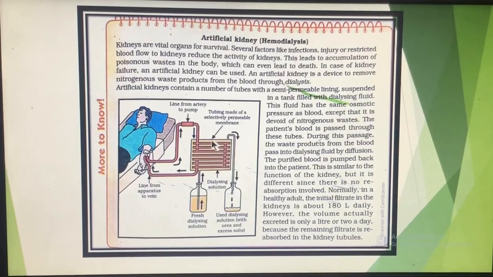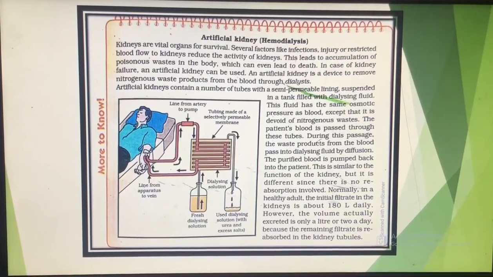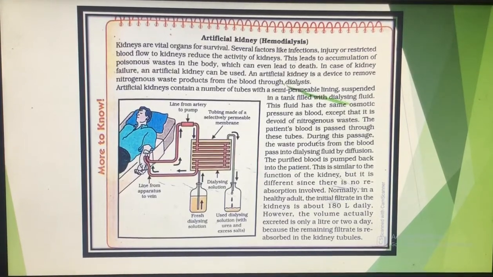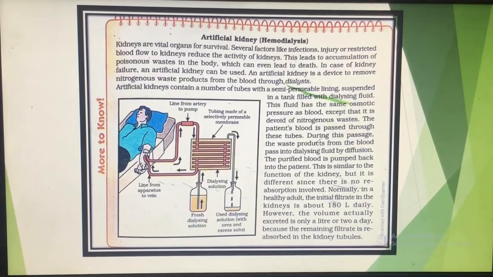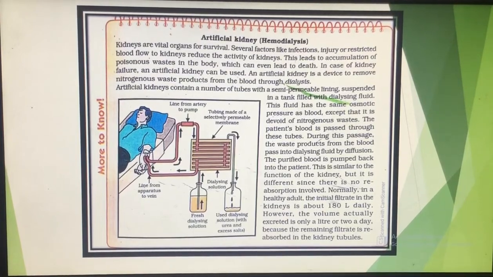Now the concentration or the composition of this dialysing fluid is almost the same as that of blood plasma, except that in this solution the urea, ammonia and uric acid, which are excretory substances which we want to remove from the blood, are not present.